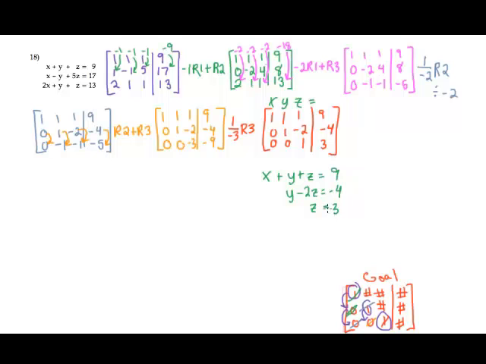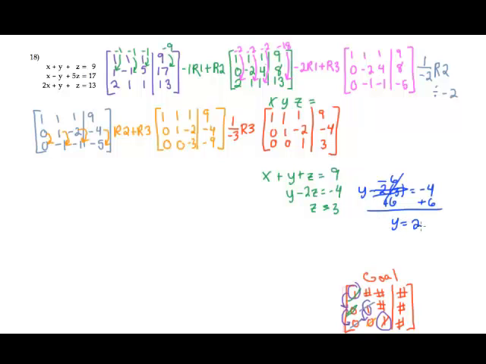And the whole reason that our goal was what it was is so that this is really easy to go backwards and solve, because I know z equals 3, so in this second equation I can put that in. y minus 2 times 3 equals -4. This is going to be -6, so I just need to add 6 to both sides.